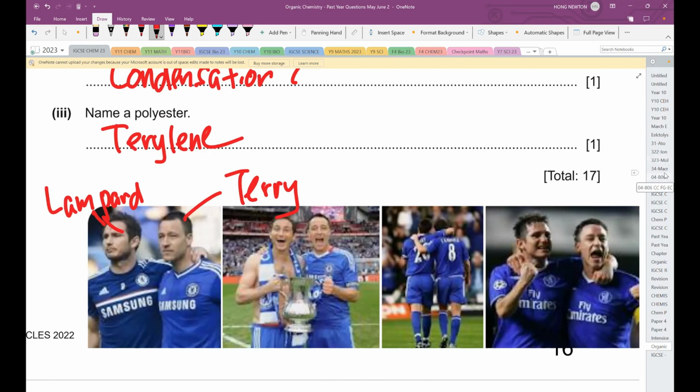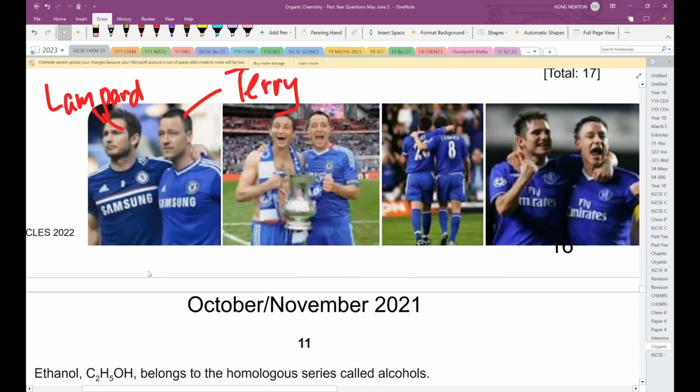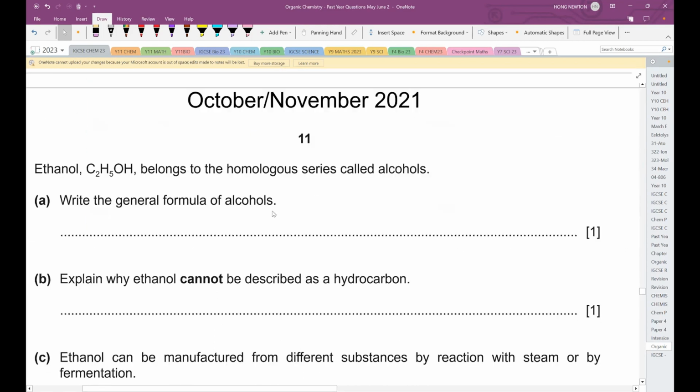Why are you laughing? No, I mean, this is real. Terry is the Chelsea captain. Retired already. Yeah, Lampard. Lily, the name is Lampard. You look at the internet, you go Google.